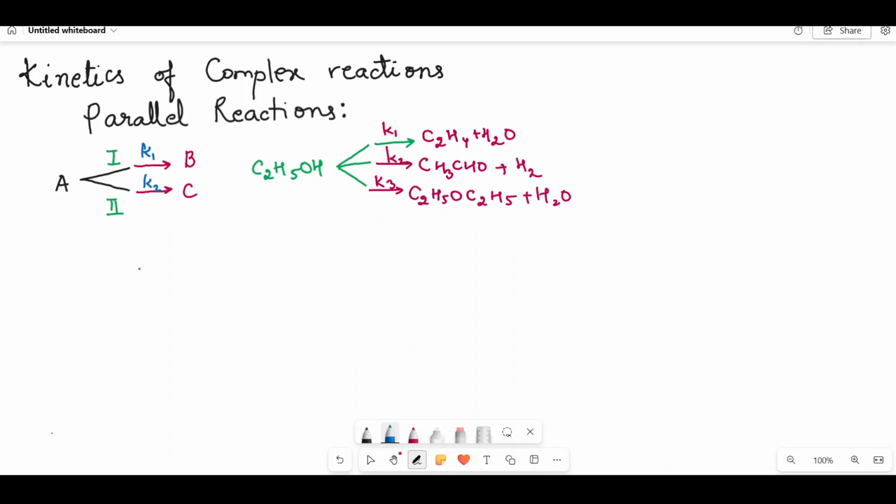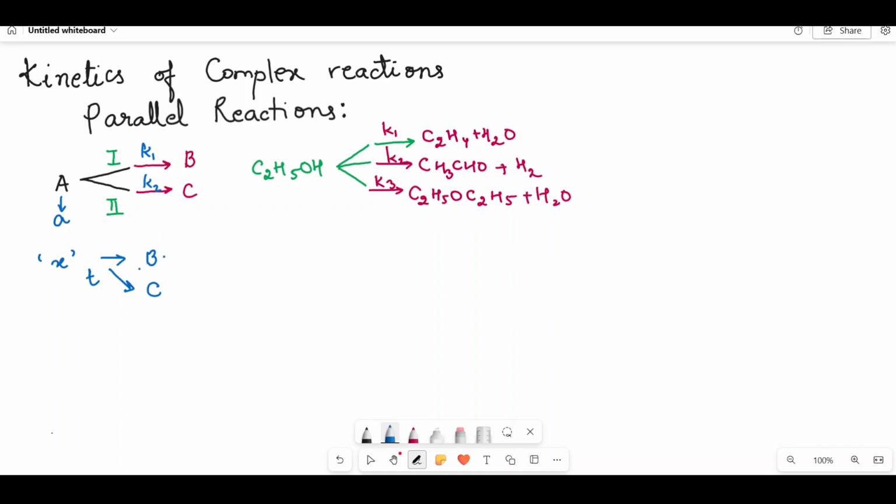Now suppose A is the initial concentration of the reactant A. Let X concentration of A decompose in time t to form partly as B and partly as C.